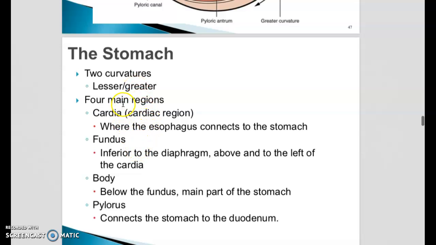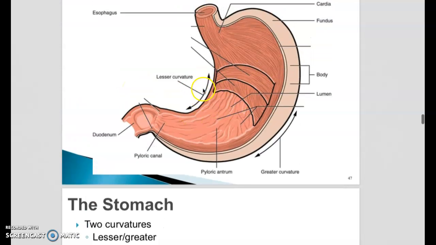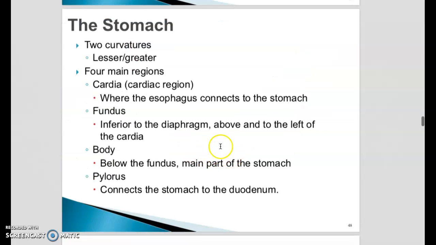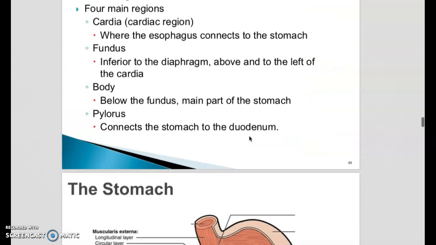The stomach has two curvatures, the lesser and the greater, right here. Lesser, as you can see, right over here. And then you can see all the parts of the stomach.